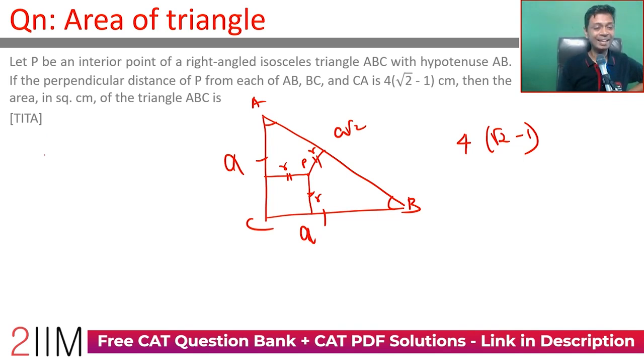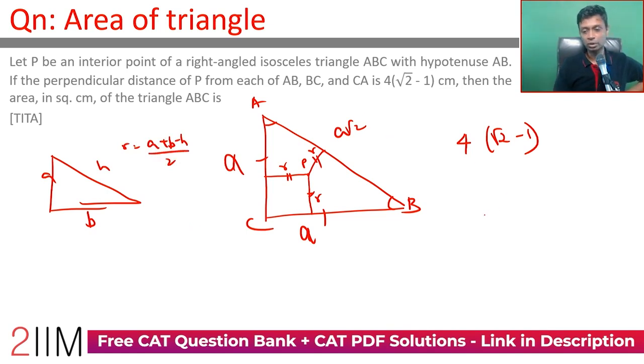In any right triangle with sides A, B and hypotenuse H, the inradius is A plus B minus H by 2. You should know this. Choosing a right isosceles triangle with hypotenuse A root 2, A plus A minus root 2 A by 2 is 4 times root 2 minus 1.